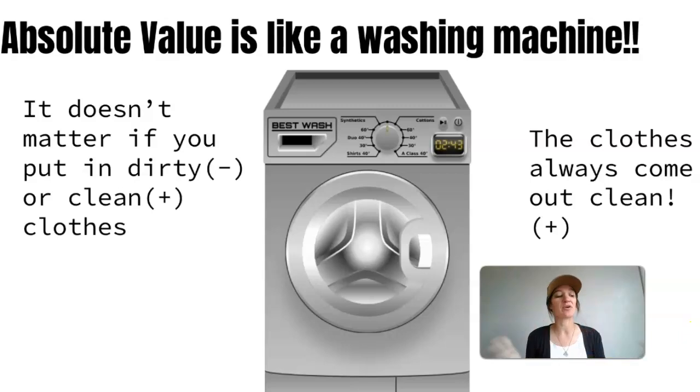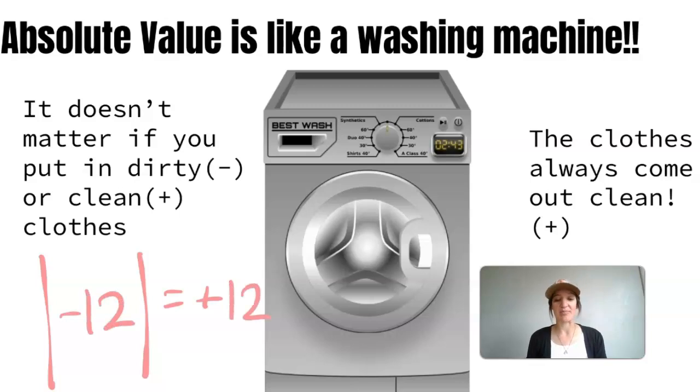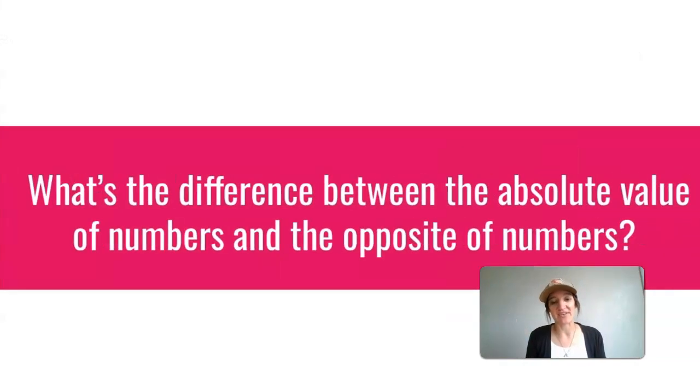No matter what type of number goes inside the absolute value lines, it will always come out positive. Whether it's a negative number, it'll come out as a positive number. If it's a positive number, it will still come out as a positive number. Okay, so washing machine might work for you. But literally, if you just think how far away is that number from 0, that's what absolute value is.